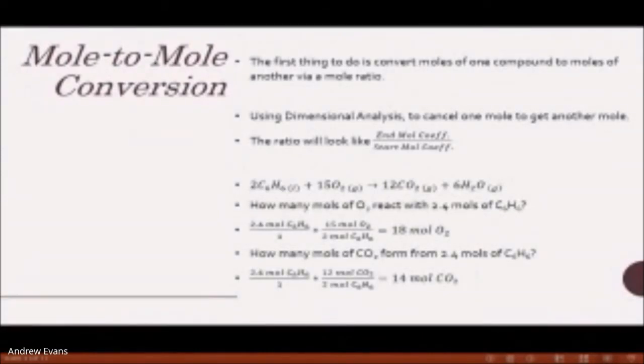We have 2.4 moles of benzene here, and 2 moles of benzene there. Those two things would cancel out because we have one on the numerator, one on the denominator. The 15 moles of oxygen would be left.